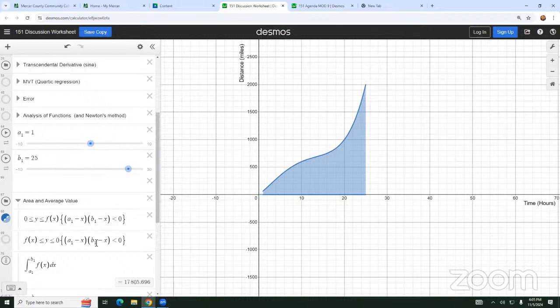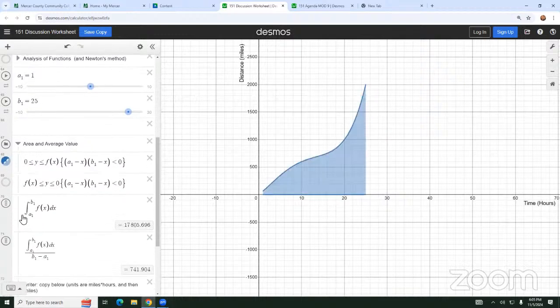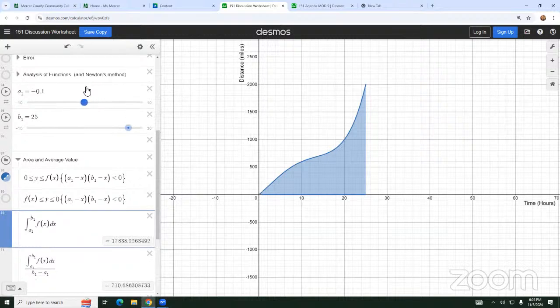Okay, don't need it. The one I'm looking at. The thing to note is this notation right here, the integral like that. This gives you the exact area under the curve. So the integral from A1 to B1, so that's between 0 and 20, is 17,833.